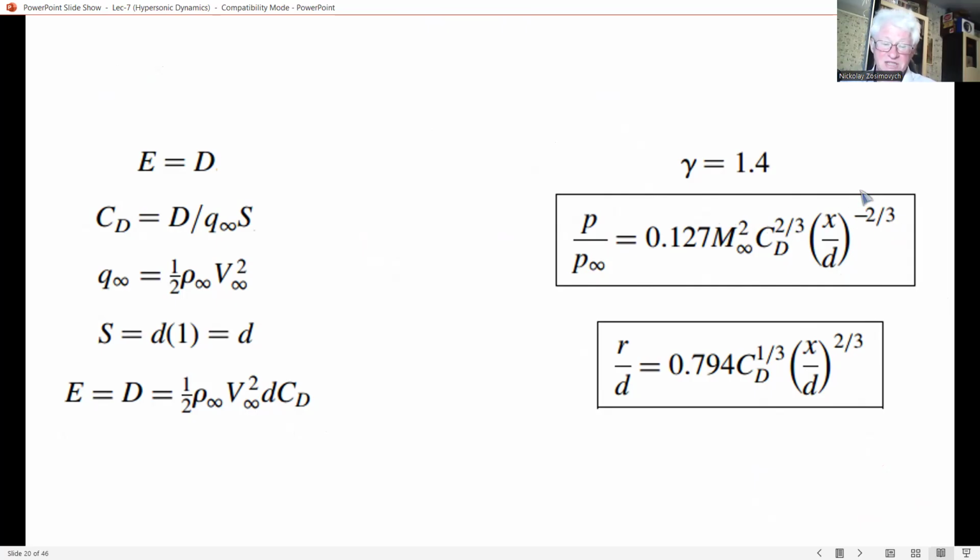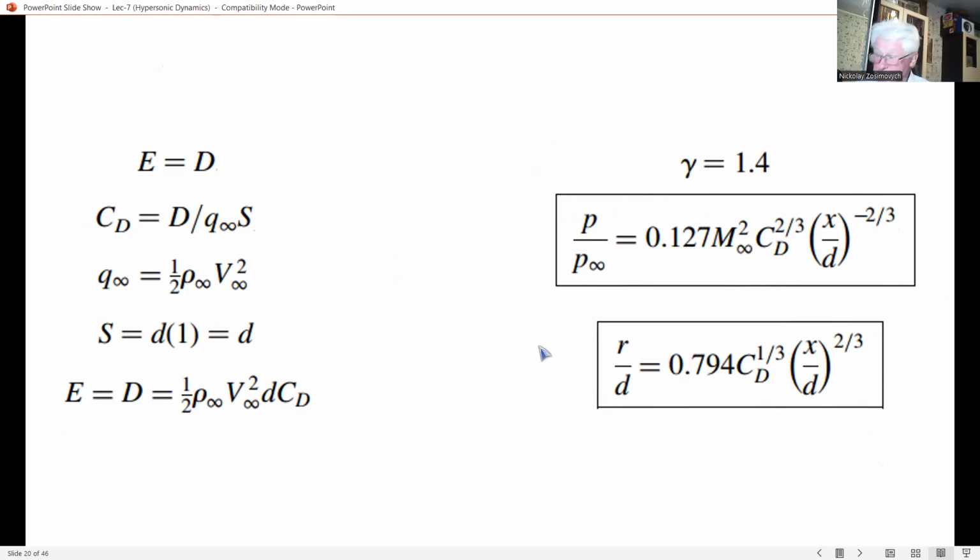And for the blunt slab we get this equation, r over D equals coefficient 0.794 times CD to the power 1 over 3, very simple, times x over D to the power 2 over 3.